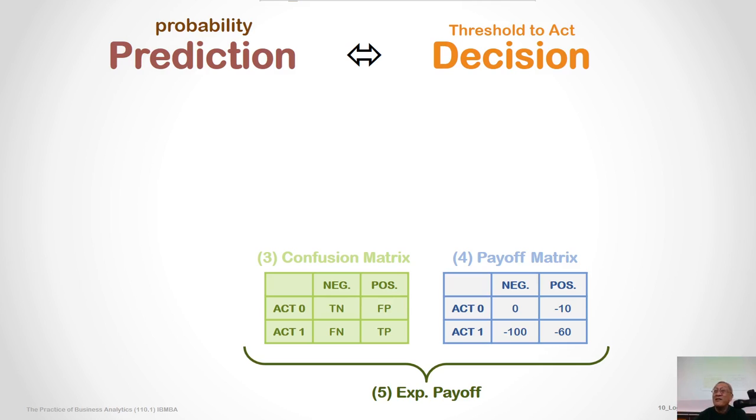It just tells you how to do the prediction and how to measure how good the prediction is. But that is not our purpose for business analytics. For business analysis, what we want to do is use this prediction to make decisions. That's what we want to do.